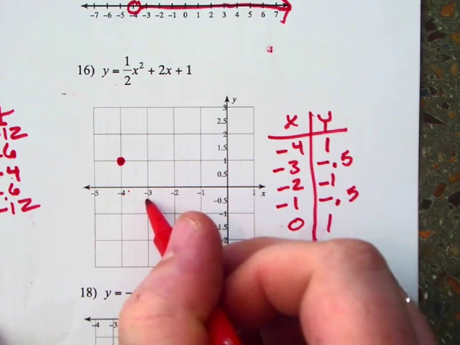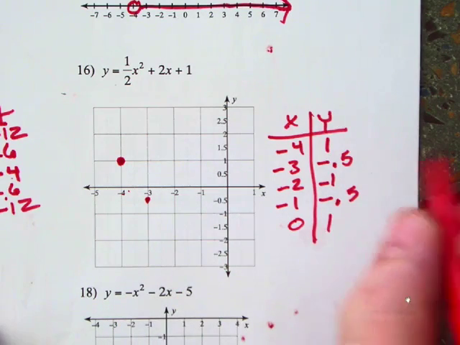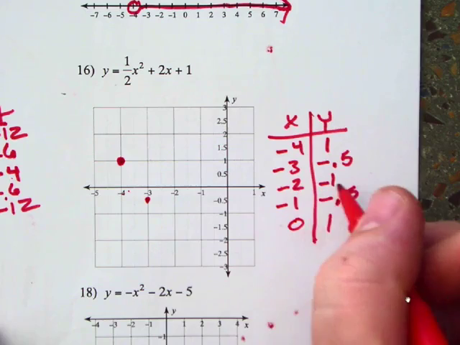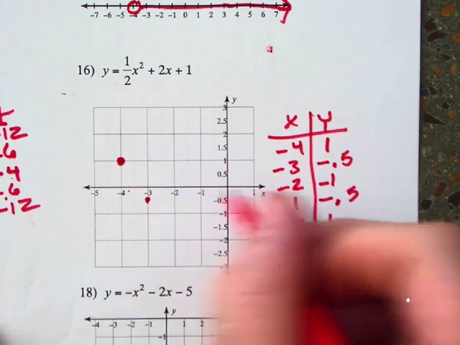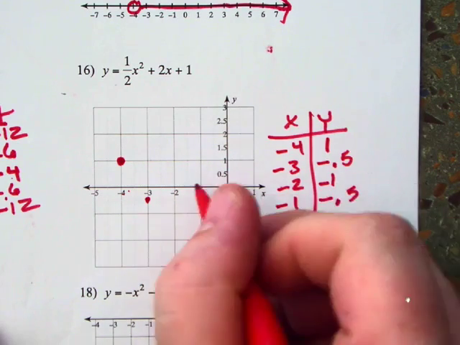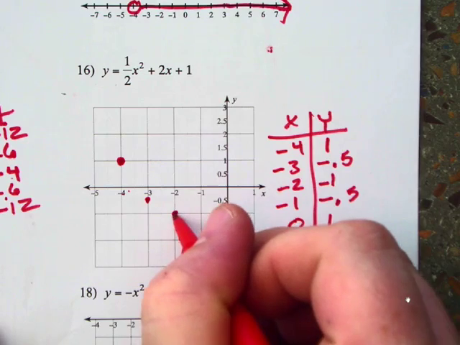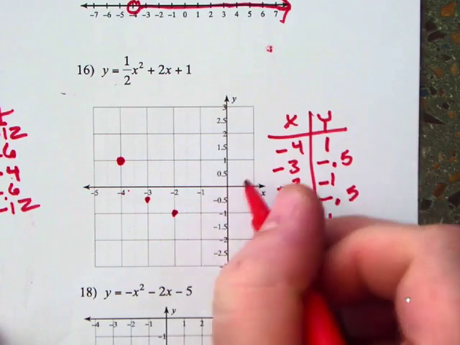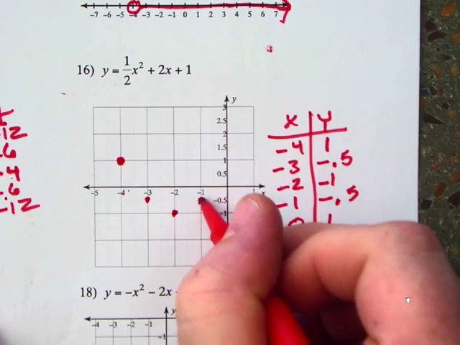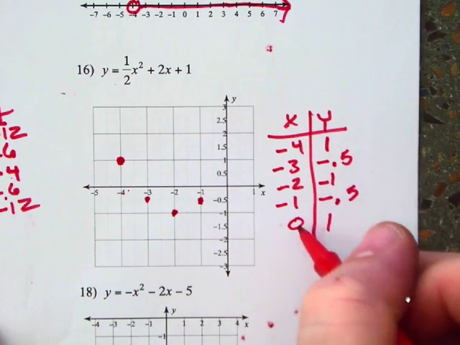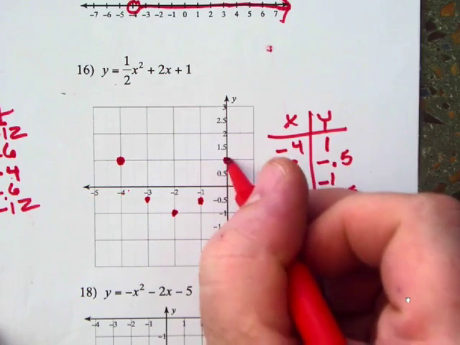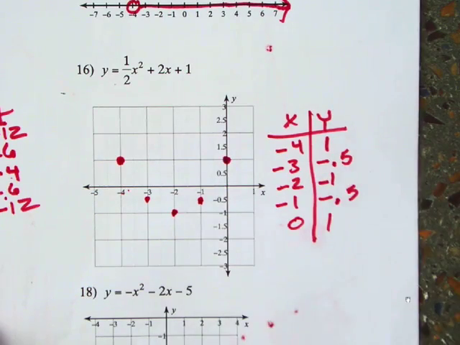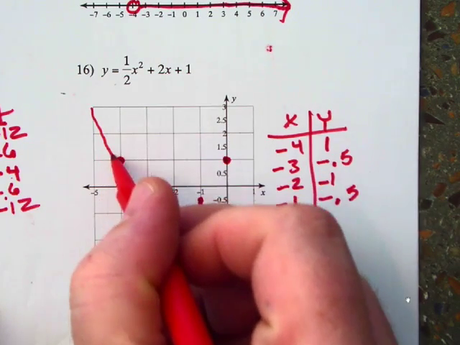When x is -2, y is -1. When x is -1, y is -0.5. When x is 0, y is 1. So we start to see that U shape again.